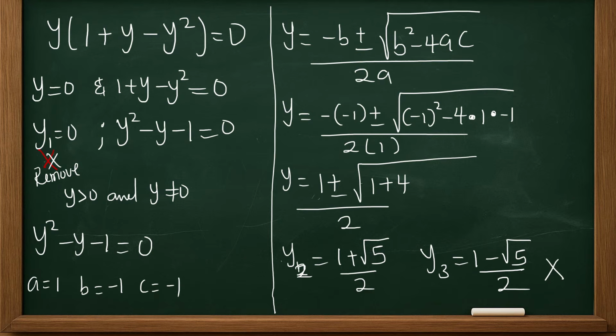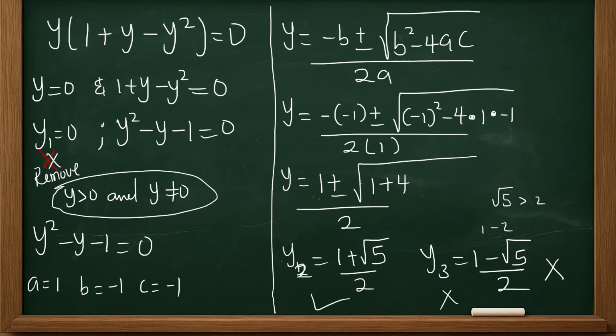Why? Because the square root of 5 is greater than 2. So 1 minus 2 is going to make this negative. And if you recall from the given condition of y, that y is greater than 0 and also y is not equal to 0, that means y3 is invalid.